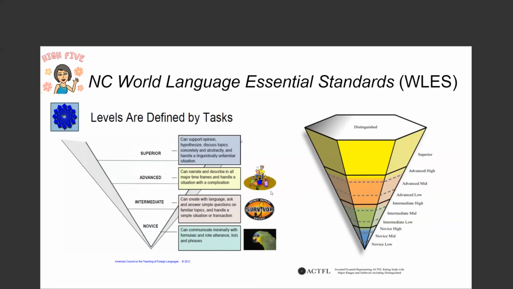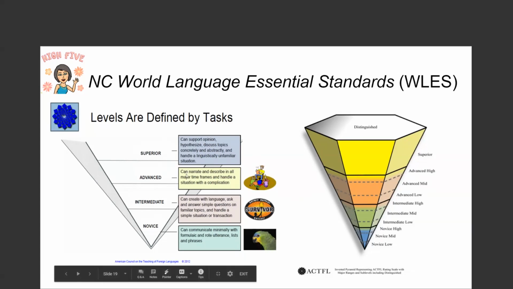And then at the advanced level, we have the storyteller, and that's the person who is very fluid in the language. They're comfortable in multiple time frames. They're comfortable with a wide variety of topics, and can handle new topics with ease and without getting rattled. And so in our K-12 programs, we really don't go beyond that advanced level.